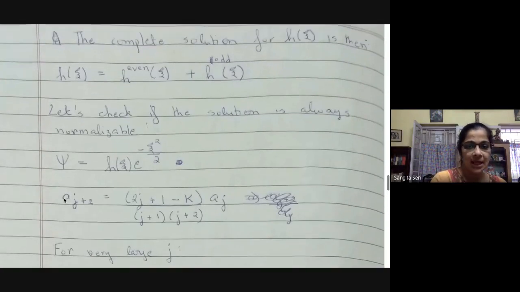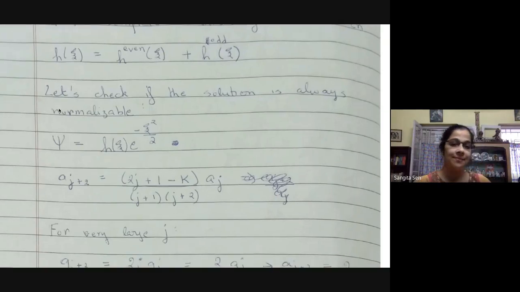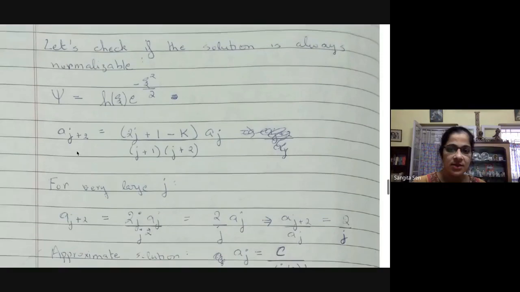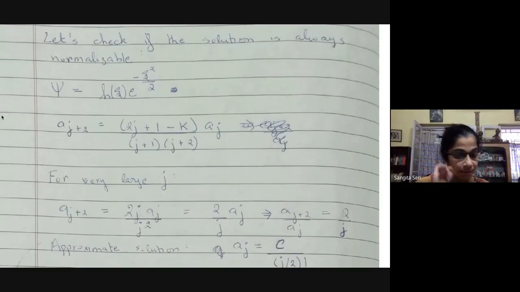Okay. So now that we have some relation for finding the coefficients of H(xi), let's look at the total wave function again. The total wave function is H(xi) multiplied with e to the power minus xi squared by 2. And here we have the recursion relation.